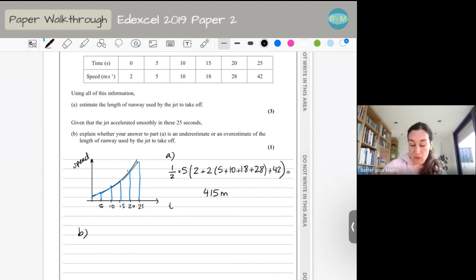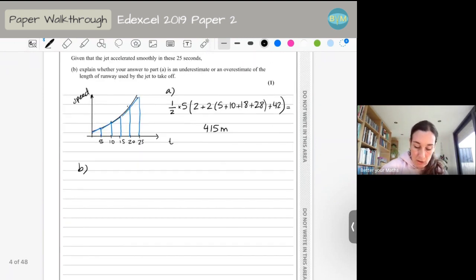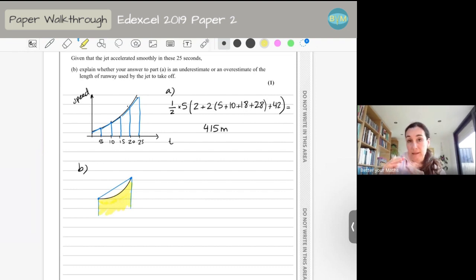So if you zoom into the graph, you're going to have something like your curvy graph doing this for each of the sections, and then your trapezium rule joining these y coordinates. So you are doing something like this, which means if you are able to find the actual area, it would be under this curve. If you have the equation of the curve, it would be the area under the curve.